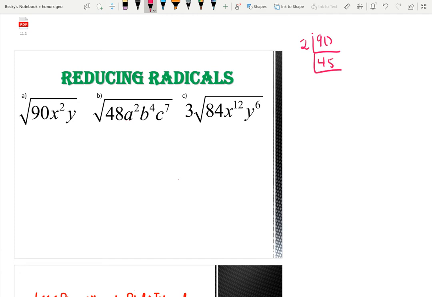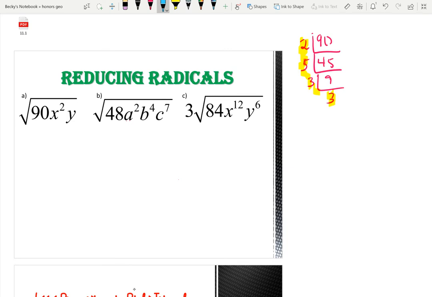And then what goes into 45? Well, 5 does. And then you say, okay, what goes into 9? 3 and 3. It's kind of nice because all the prime numbers are out here and much easier to keep track of than a factor tree.